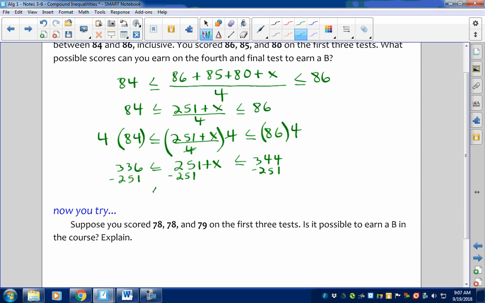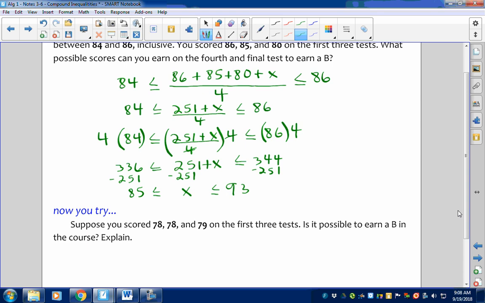And so I have x in the middle. And 336 minus 251 gives me 85. And 344 minus 251, I believe, is 93. Yeah, 93.